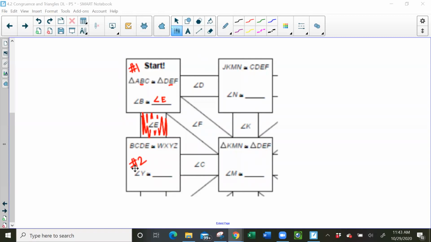Some people had an issue, not in this class, but with my other class, of being able to see it because it's kind of small. If you use two fingers on your trackpad if you don't have a mouse, and then make it bigger, you can move it around with two fingers to find where you want to be.